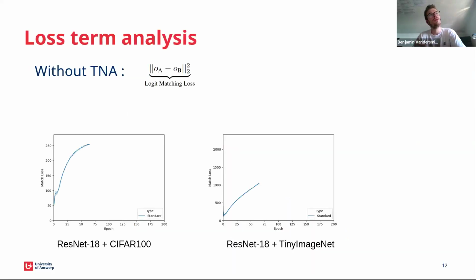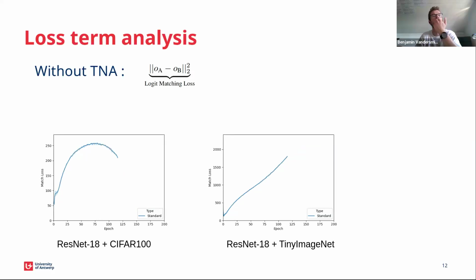Now, continuing to this loss term analysis. What we do here is we want to see, when you just train 2 networks separately, when you don't enforce this additional logit matching loss term, what would happen? Would the networks just converge to the same output, to the same logits every time, depending on a random seed, or not?